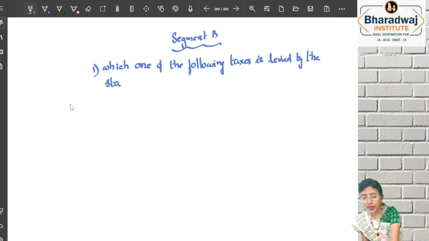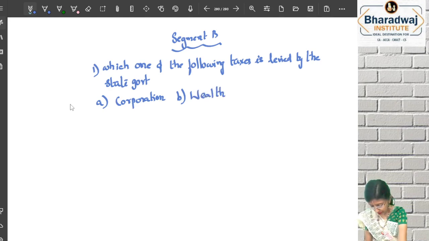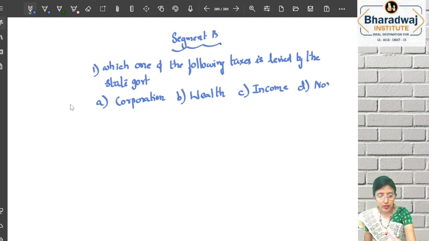Levied by the state government. Okay. Options are corporation tax, wealth tax, income tax, none of the given. Take the questions and then answer.